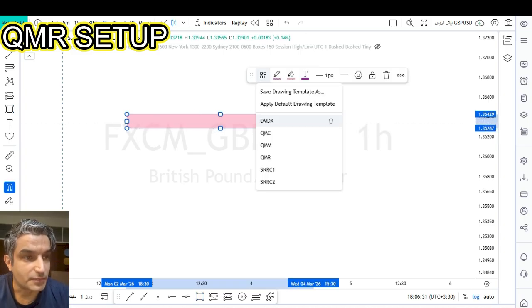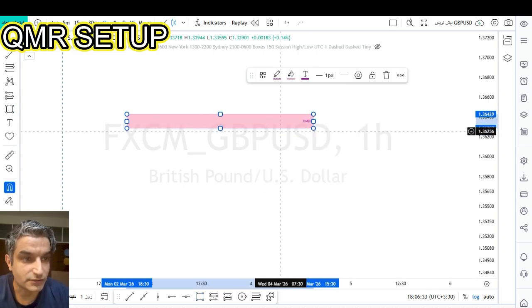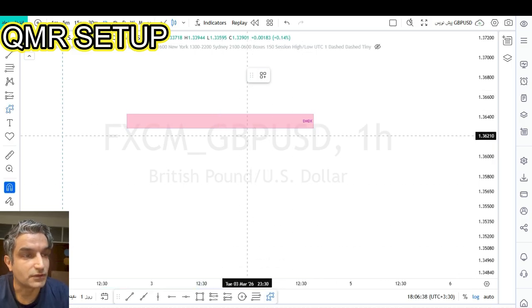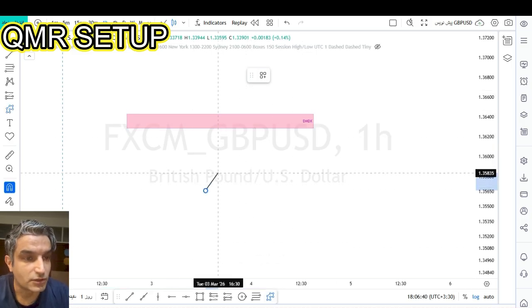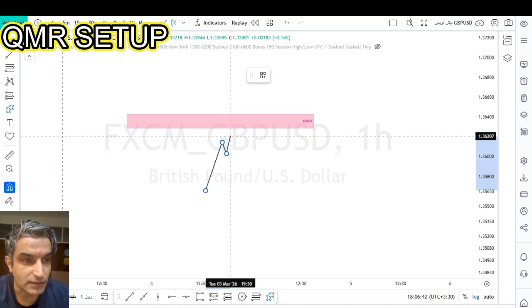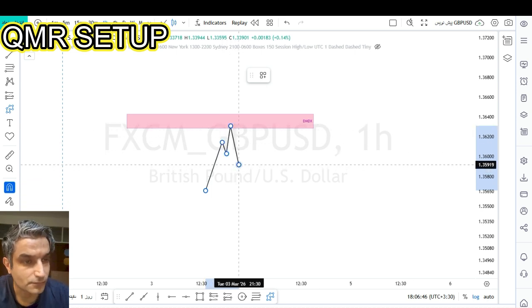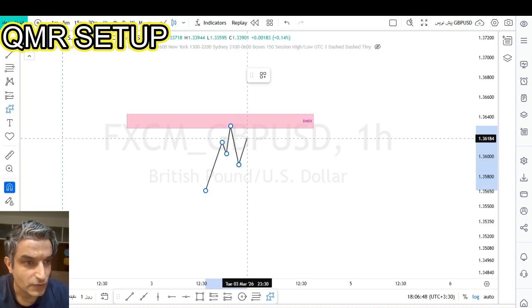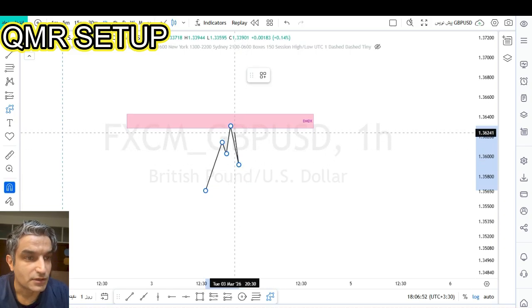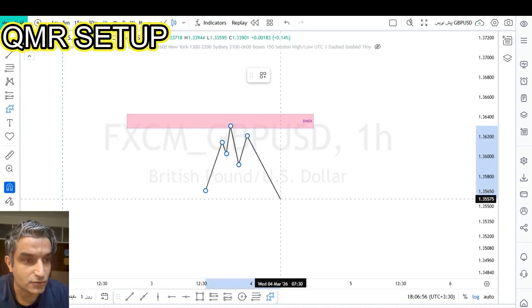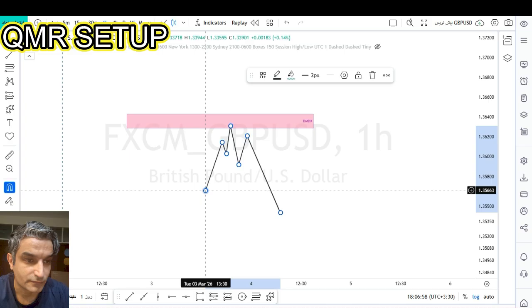Like always, we have a POI in a higher time frame, and in the lower time frame, we will have something like this. Price will react to each area of this part and goes down.